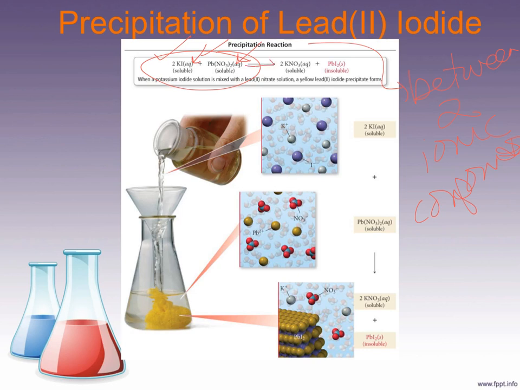When you mix them together, there is a chemical reaction, and the products are potassium nitrate, which is soluble because it has a group 1 metal, plus it's a nitrate, and lead iodide, which is one of the insoluble ionic compounds. Because it's insoluble, it is called a precipitate. So when you mix these two things together, you can actually see a solid forming in solution, and here it is. Lead iodide is kind of famous because it's a yellow solid, so it's pretty obvious.